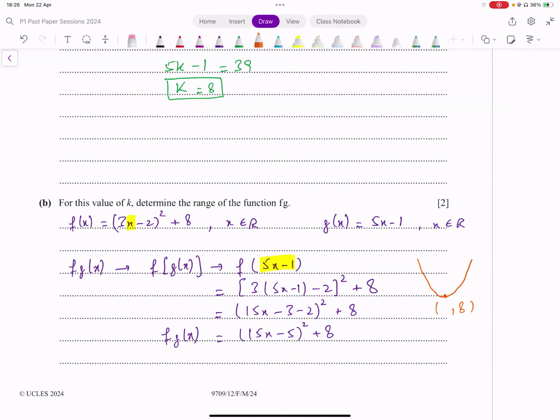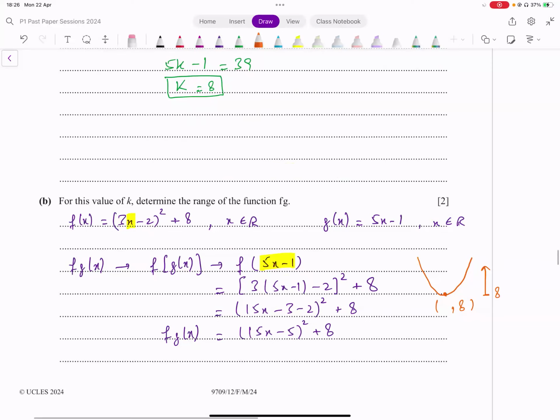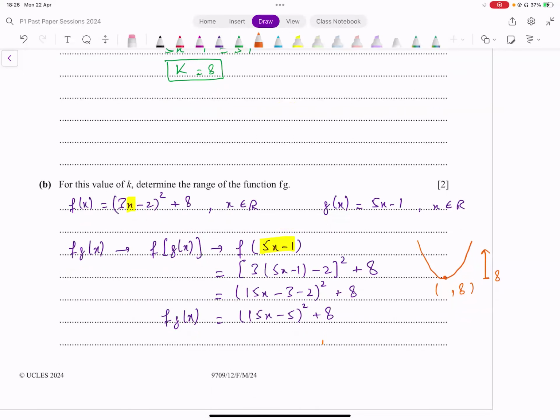So what about the range of the function? Remember, this function is valid for all real values of x. That means the whole part of the function is valid. What's the range? If the minimum point is at 8, you can say the range of the function is y greater than or equal to 8.